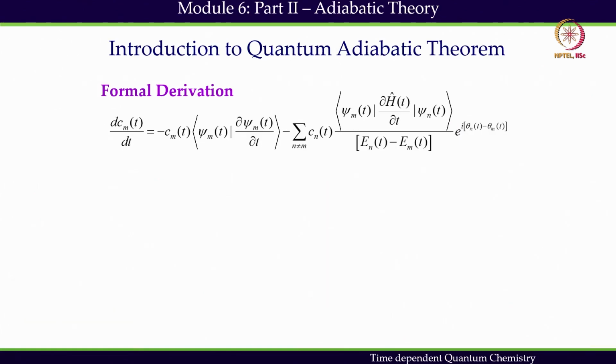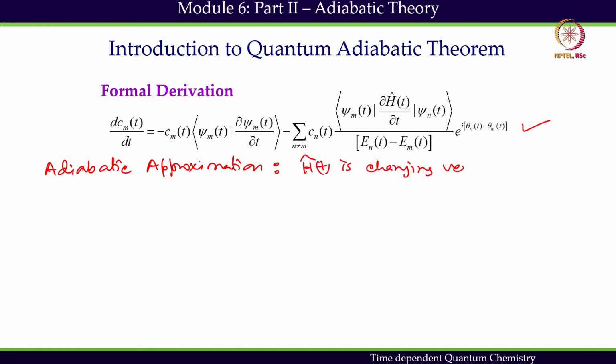And once we have reduced to this expression, we will be able to do the adiabatic approximation. The adiabatic approximation assumes that because H is changing very slowly, one can write this to be negligible or 0.